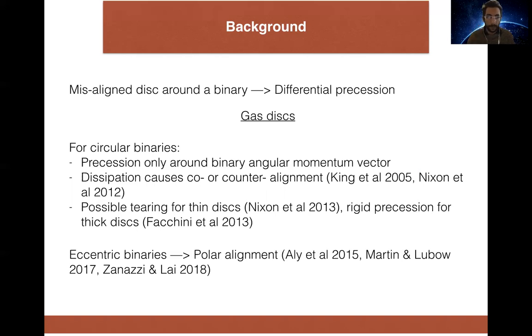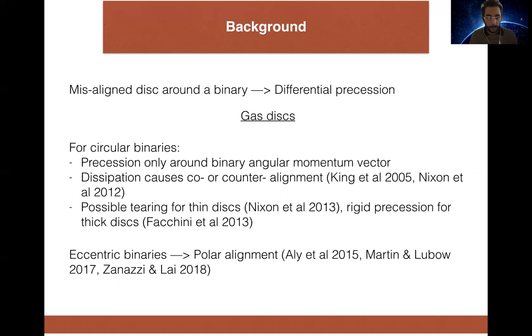And if the disk is thick, it will resist this tearing. This is more relevant for protoplanetary disks because disks are normally thicker. But then after some time, because the warp is communicated viscously, you'll end up with a rigidly precessing disk around the binary until the final alignment.